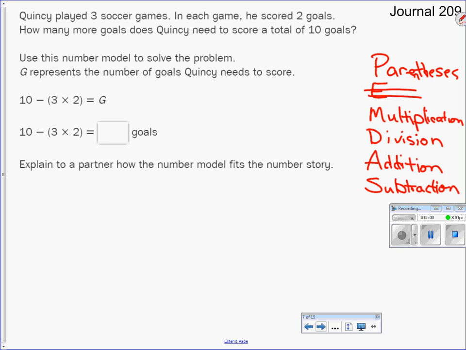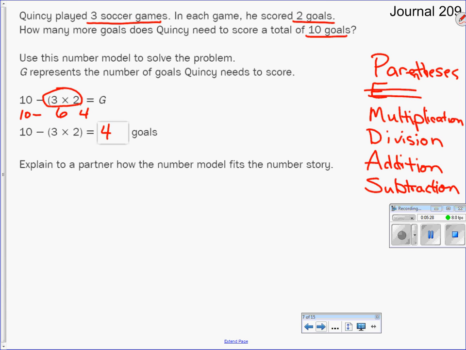All right, so here we see we have parentheses. So this would be 6, bringing down my new equation, 10 minus 6 equals 4. So we need four more goals. If we look at this problem, the 10 represents the 10 goals, and the 3 times 2 represents the 3 soccer games with 2 goals in each one.